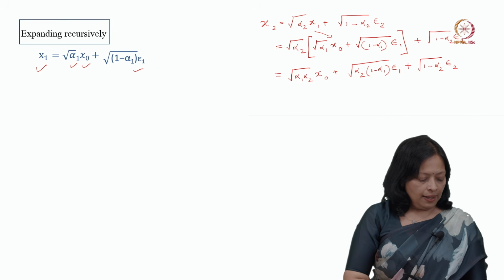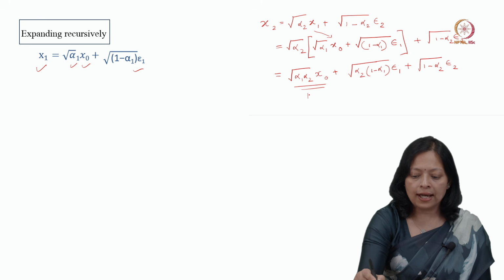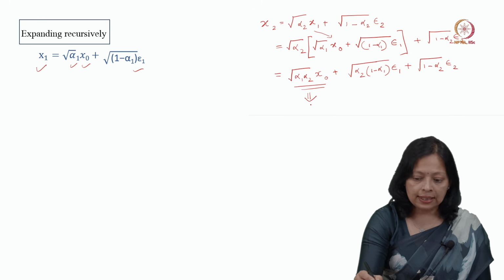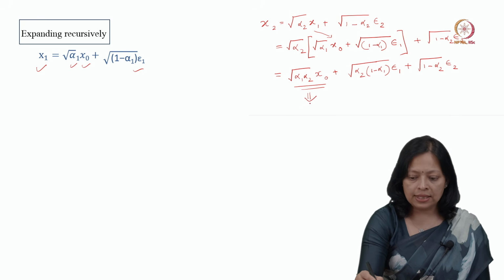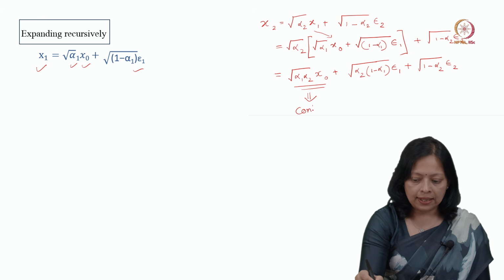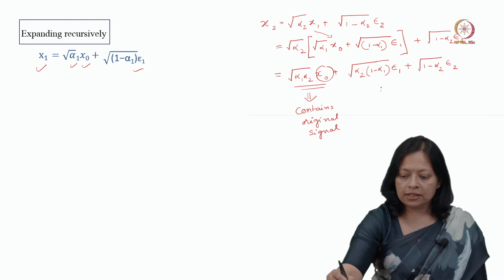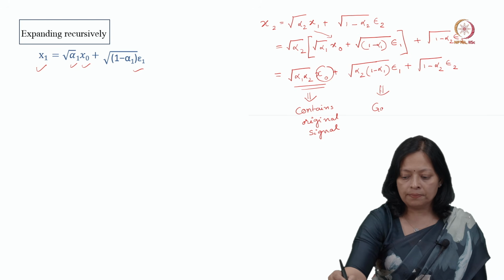Now, this term contains the original signal. What is our original signal? That is my x 0. And this term is a Gaussian noise term.